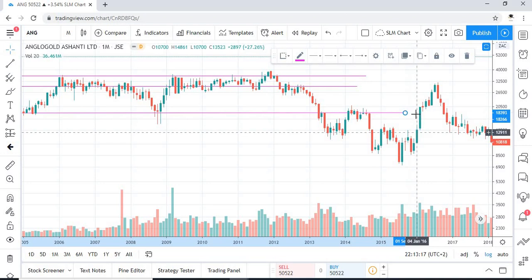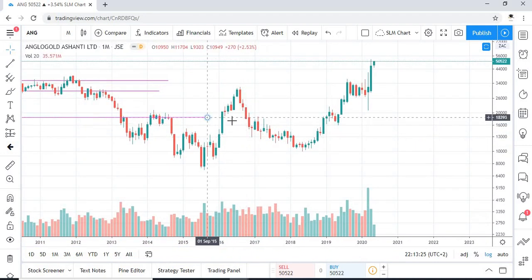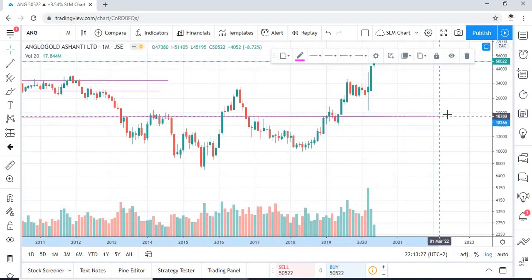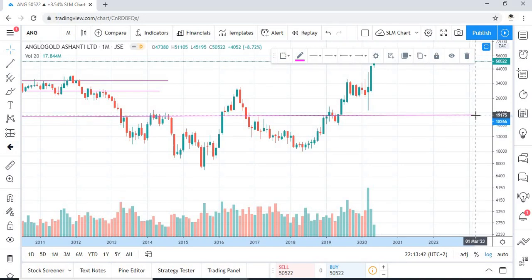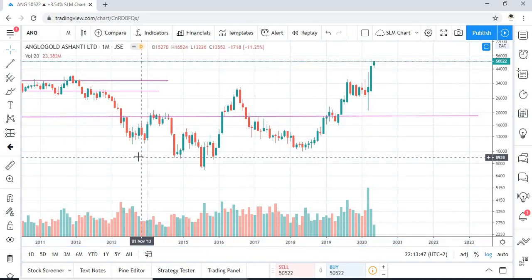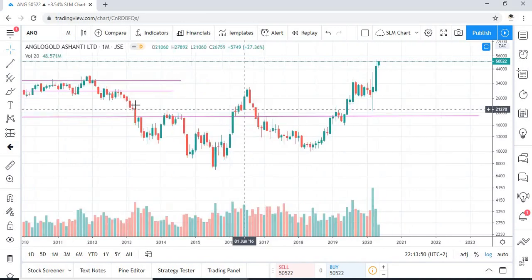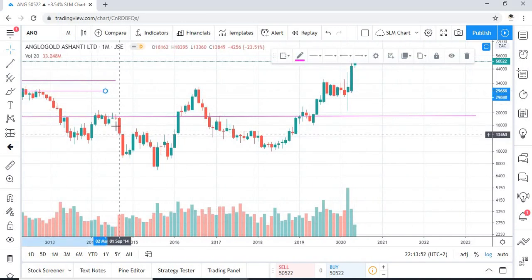So in this case, we are looking at this price point 18393. So we are going to project it all the way to the future. It was 189. So we can set it somewhere there about. Then we're going to project this one again into the future.